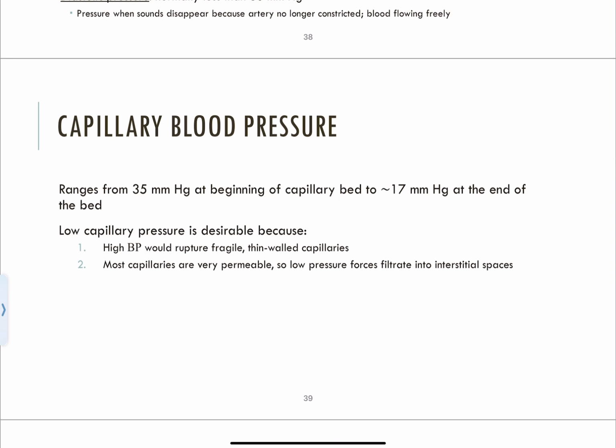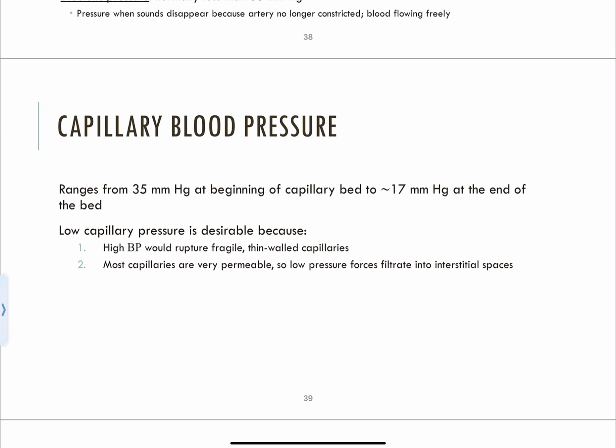Okay, capillary blood pressure we would expect to be much lower than that of our arteries because we're so far away from our heart. So the range of capillary blood pressure can be anywhere from 35 millimeters of mercury at the beginning of a capillary bed to 17 millimeters of mercury at the end of the capillary bed. We want this low blood pressure. It's a good thing because remember, our capillary walls are typically a single layer of cells thick.